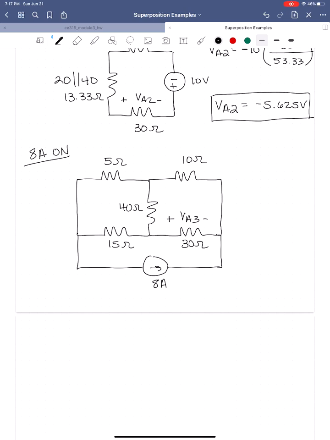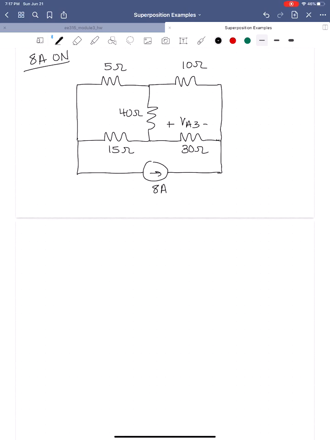Okay? And again, you can do whatever method you like for this. I am going to do a mesh analysis here to solve for VA3. So I've got 3 mesh currents here. Here is I1, I2, and I3.